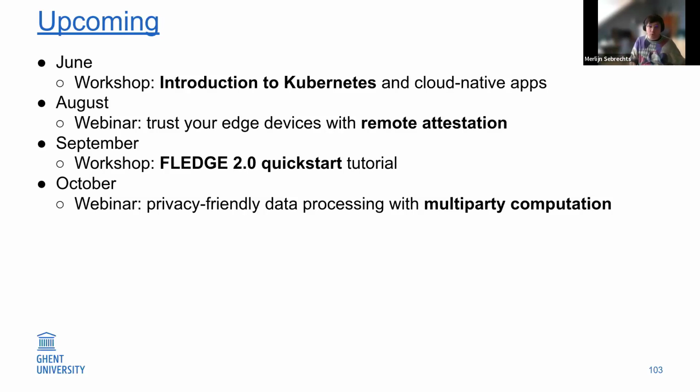However, what we are working on is a system where you can use multi-party computation simply as a single party with data that you want to process on third-party infrastructure, for example in the cloud, but you want to ensure that the cloud provider does not actually have access to that data. You can also use multi-party computation to ensure that the place where your data is being processed still doesn't have access to that data. This is coming in the fall of this year. All right, this is it.